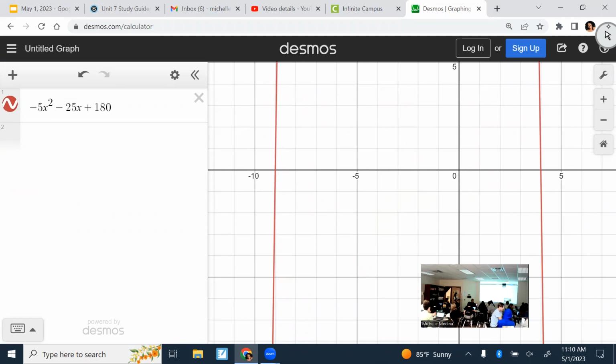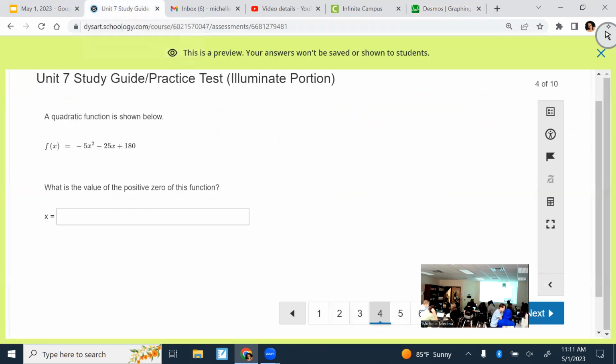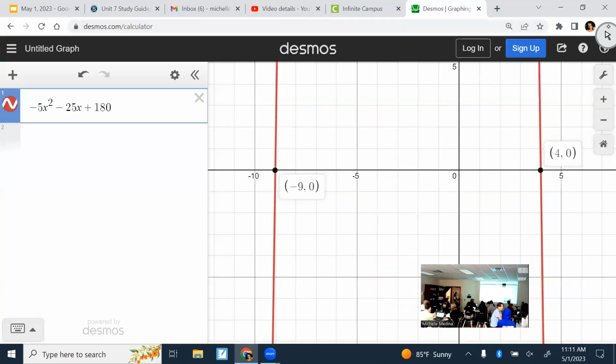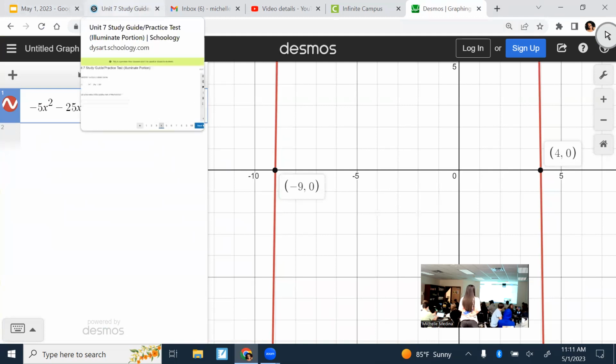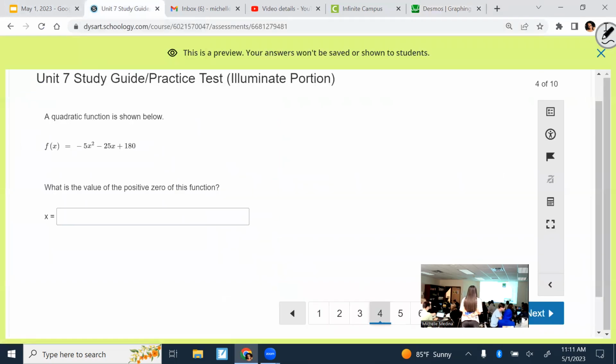The x intercept. And the question asked for the positive 0. Which one is my positive 0? Good. 4. So it doesn't want the negative 0. It only wants the positive 1. So just from that, pretty easy. Then your answer is 4. Questions?